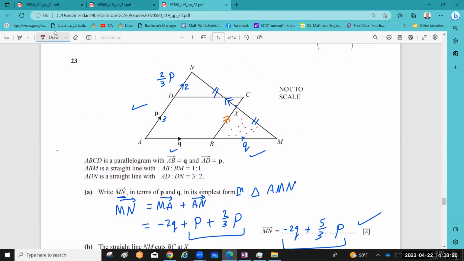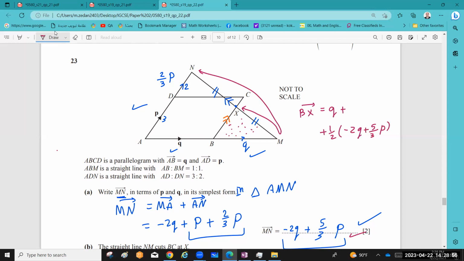The vector BX is simply Q plus half the vector MX, which as I said is half MN. MN I already found, so I write it here, plus half the MN vector that I found in part 1, negative 2Q plus 5/3 P.